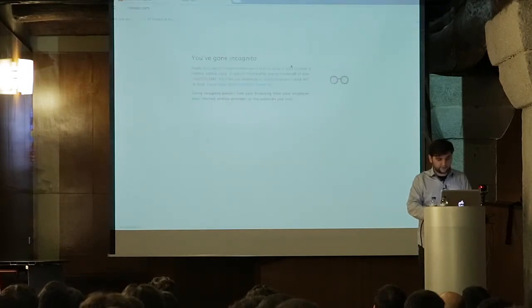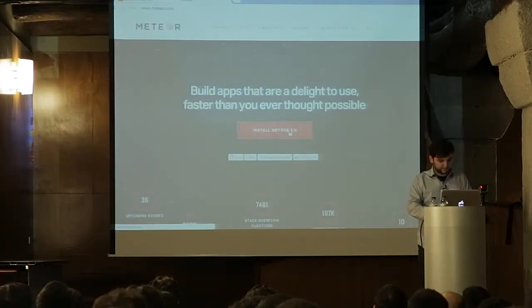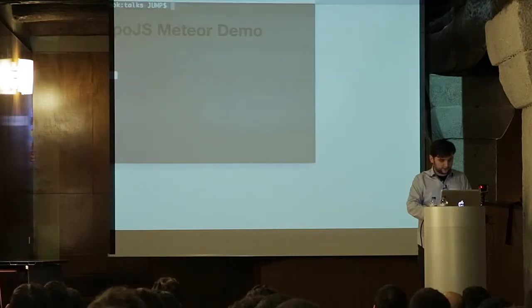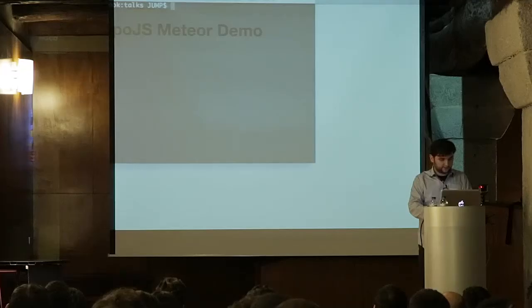You have to paste the command in your command line, and it will install it in your computer. Then you can use Meteor create, name of the app, and it will create you a new app immediately. Now I have already created an app for this talk that has some scaffolding on it, so we can move faster.